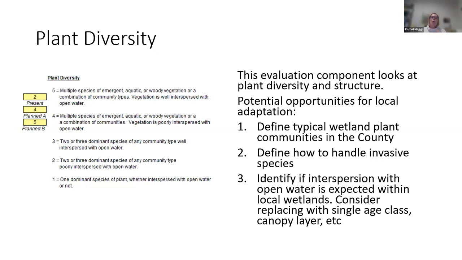And so one of the things that I think is key to using this is you as a work group or a subgroup can define what typical plant communities or wetland types are in your county. Going beyond if it's just a freshwater emergent or a freshwater scrub shrub or freshwater forested wetland, let's talk about what those actual plant communities are like.